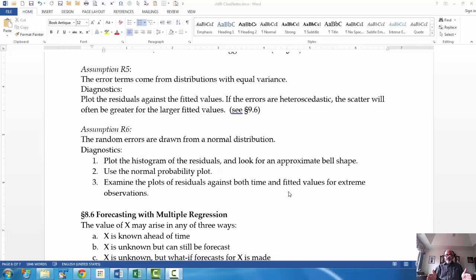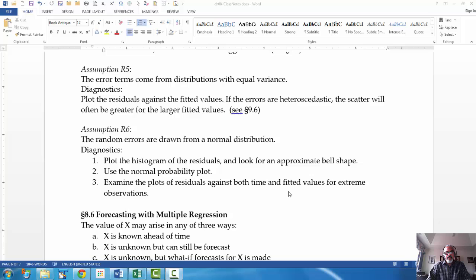So if you look at the residuals and see 95% of them are within plus or minus 2, in other words, no more than about 5% fall outside plus or minus 2, that is another indication that a normal distribution is all right. So in combination with a bell-shaped distribution and only about 5% of the standardized residuals, not regular residuals, falling outside plus or minus 2, that also will indicate the normal distribution assumption is probably okay.